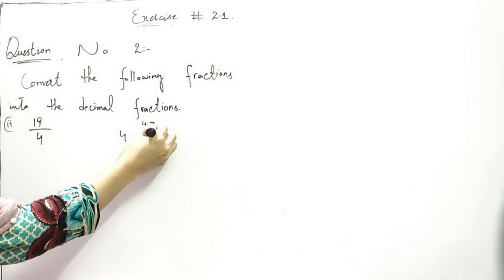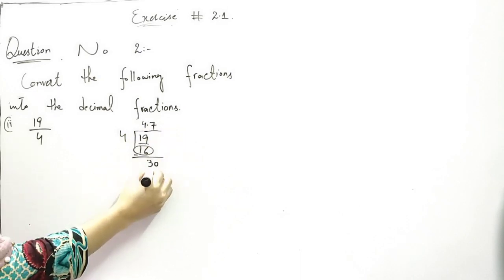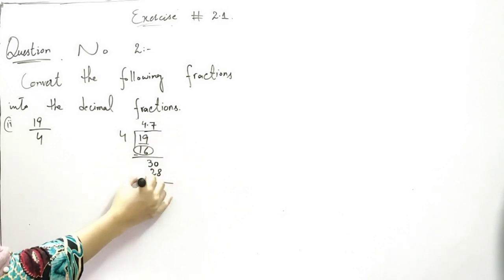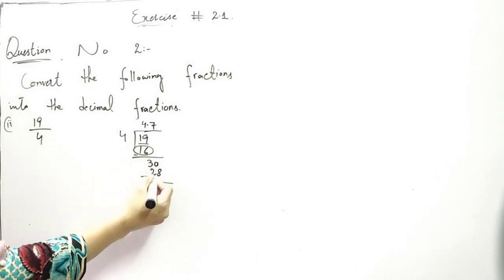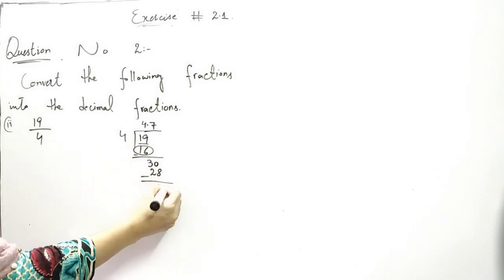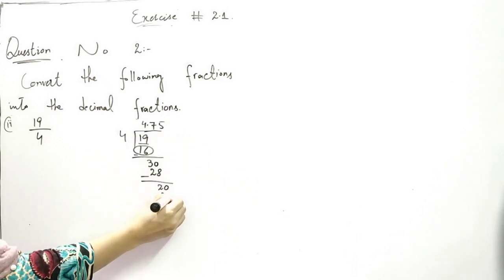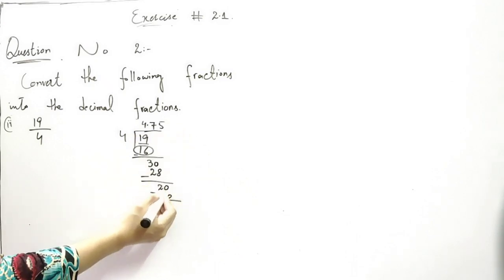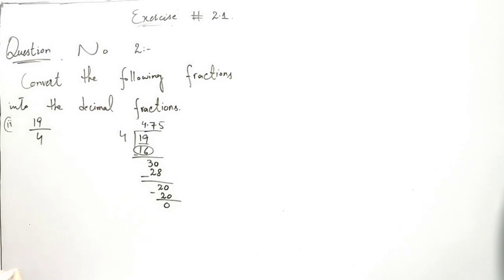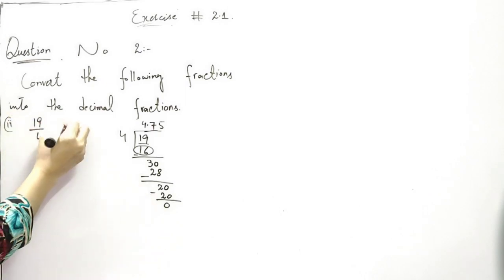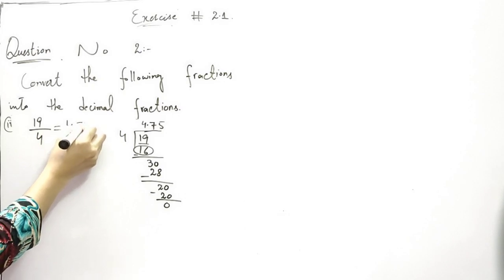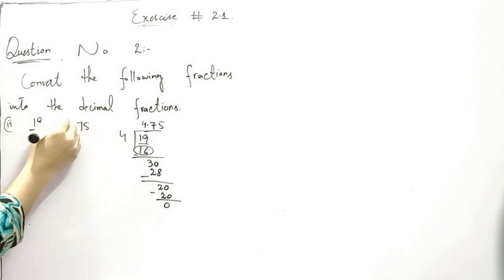Now 4 7s are 28. Again minus 28 from the 30, we get 2. Again put 0 and 4 5s are 20. Plus 20 and minus 20 will be cancelled, so here becomes 0. So we can say that 19/4 is equal to 4.75.